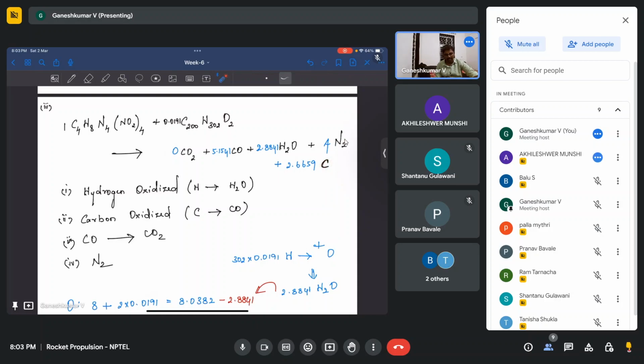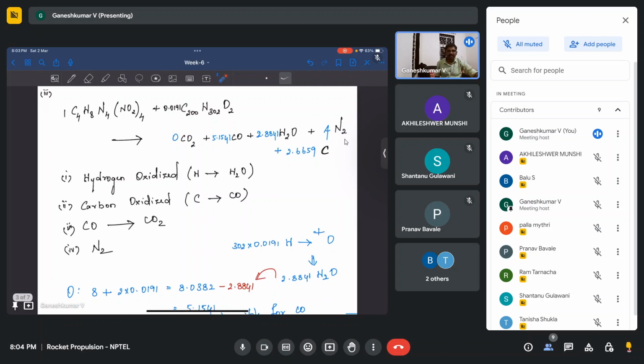Basically, you can have CH; paraffin can form, so all kinds of these can be formed. Since we cannot solve the complicated phenomena, we are trying to simplify it. For now we'll assume that carbon remains as carbon, and all the other things get oxidized. So this is how you actually find it.